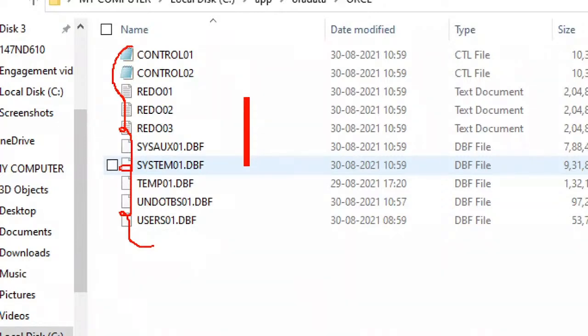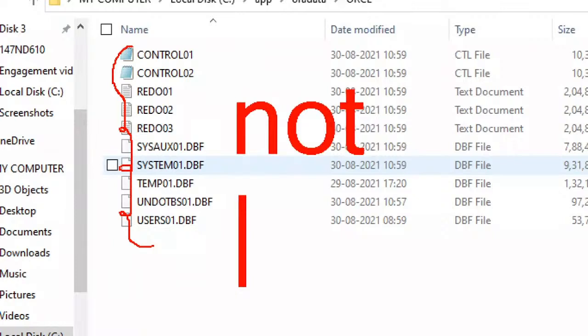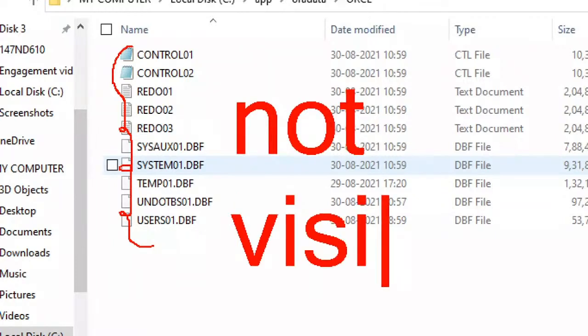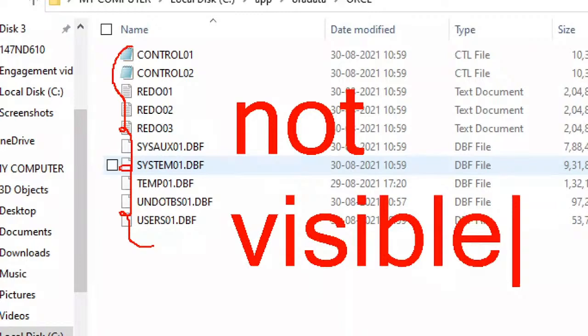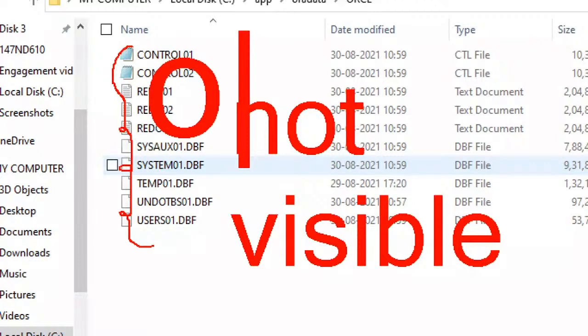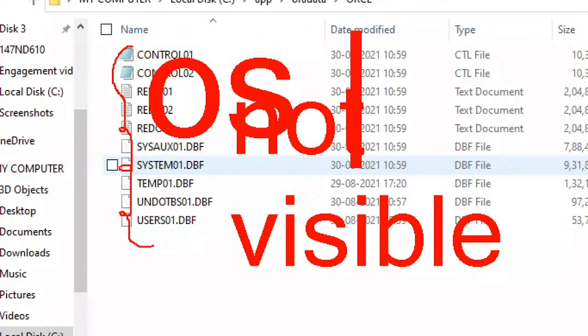But unfortunately here, Z is the table I'm giving. Is that table visible in the operating system or not visible? Very good, not visible. You are observing or not? This is not visible. That's why a structure which is not visible in the operating system, OS, is called a logical structure.